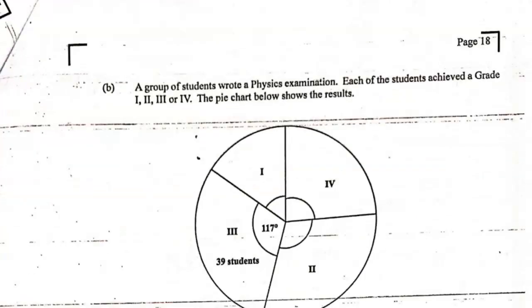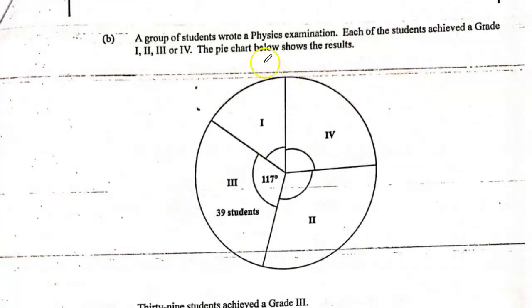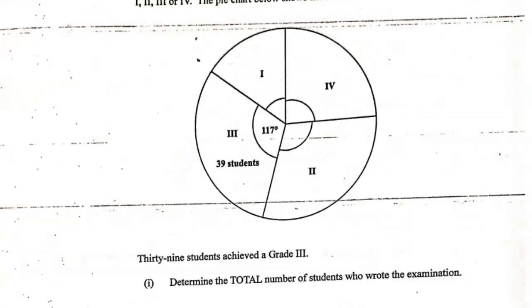Next we move to part B. A group of students wrote a physics exam. Each of the students achieved a grade 1, 2, 3, or 4. The pie chart below shows the result. We are told that 39 students achieved a grade 3, as we can see in the pie chart.